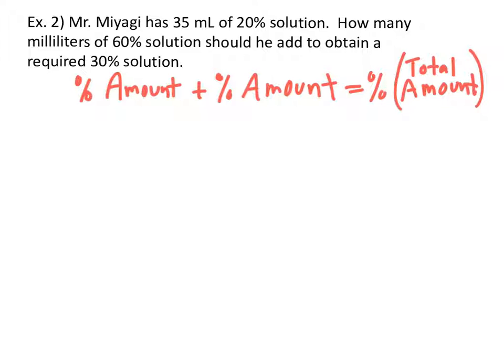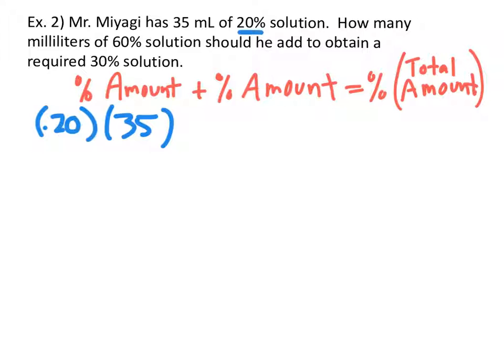So we're talking about 20% as a decimal, which is 0.20 or just 0.2. Now, what's the amount of that 20% solution? 35. So that's what I want to put right here in the amount. Okay? Now, that's what he has. This is representing 20% strong, 35 milliliters.